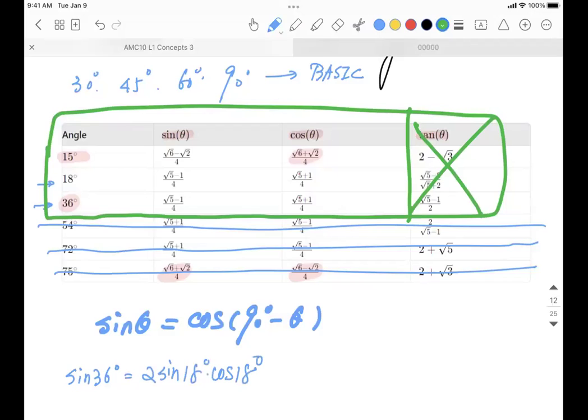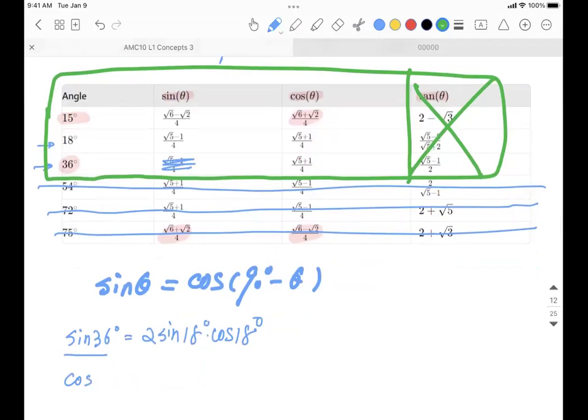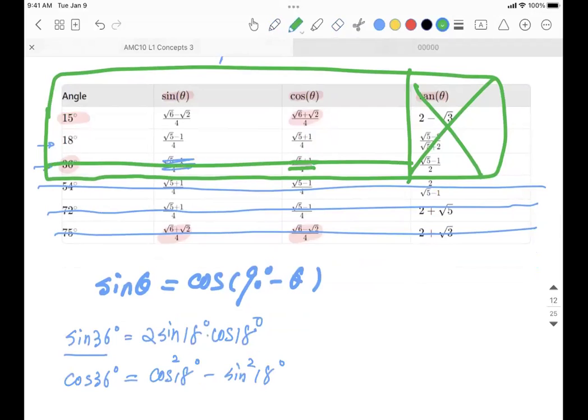So you do not have to remember sine 36 degrees either. And cosine 36 degrees equals cosine squared 18 degrees minus sine squared 18 degrees, right? So as long as you remember 18 degrees, you do not have to remember 36 degrees either.